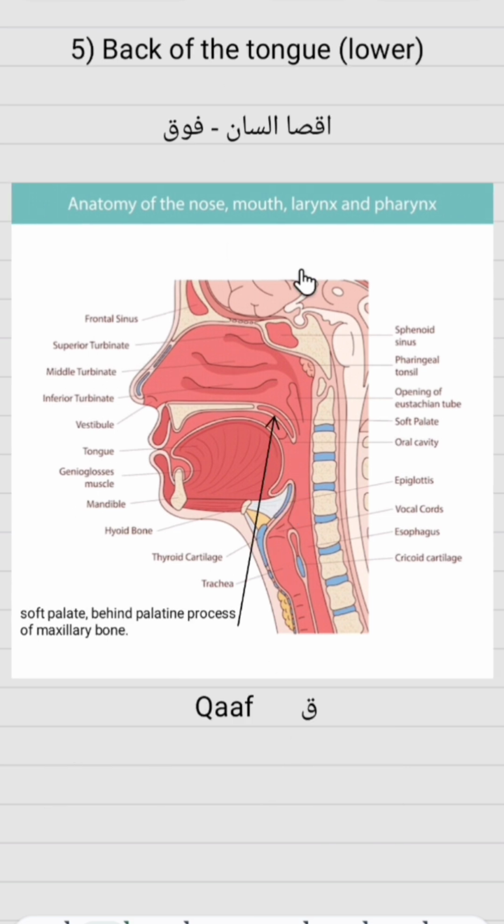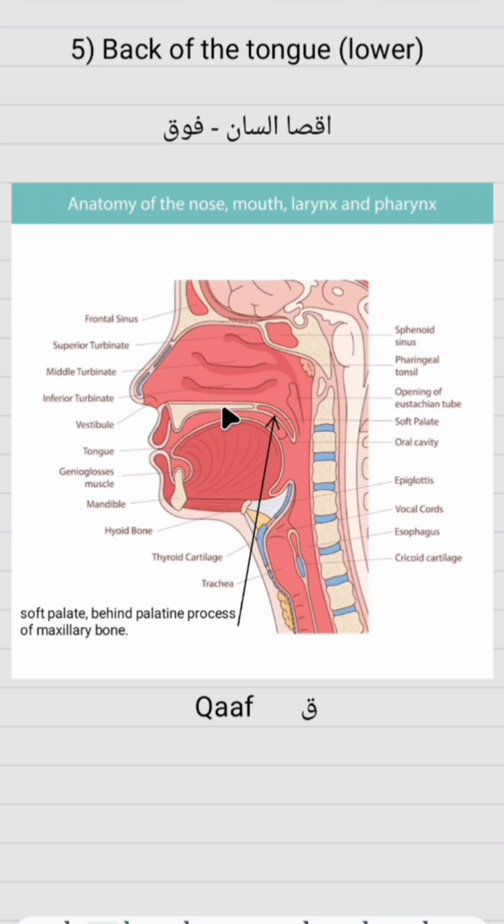The next makharaj is called aqsa al-lisan fawq, right? So aqsa al-lisan means the back of the tongue, and fawq is for upper, or the furthermost portion of the back of the tongue, right? So the furthermost portion of the back of the tongue, you can see this bone here that they've shown is the maxillary bone, right?